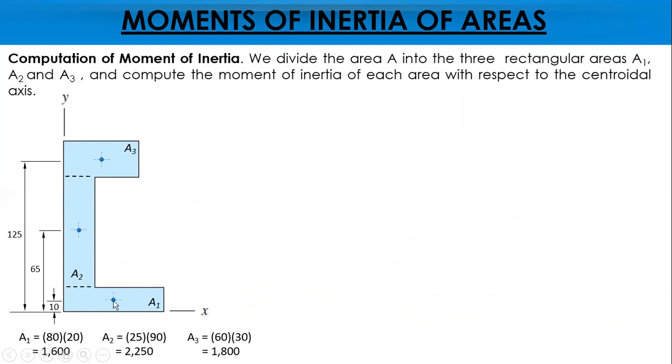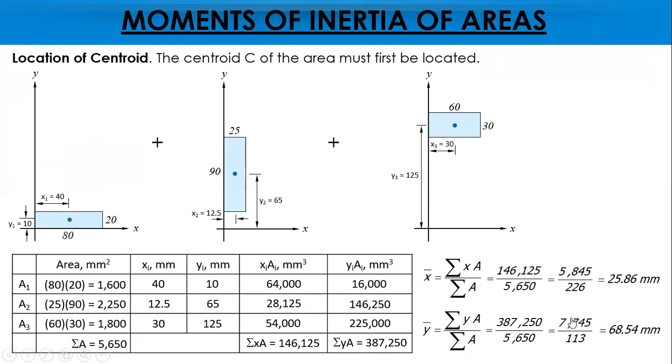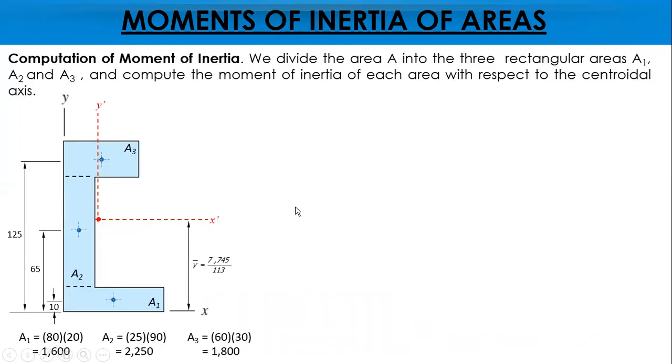For 90, 1/2 is 45, plus 20, 65. For 30, 1/2 of 30 is 15, plus 90, plus 20, 125. This is the centroidal x-axis, x prime and y prime. And this is our y bar. As a fraction, it's 7,745 over 113.